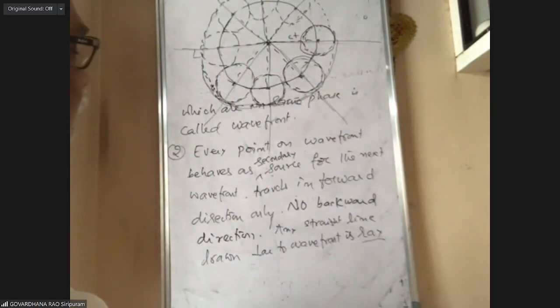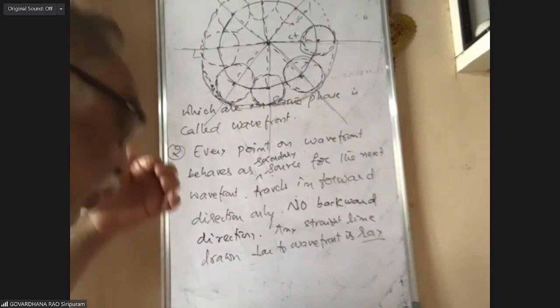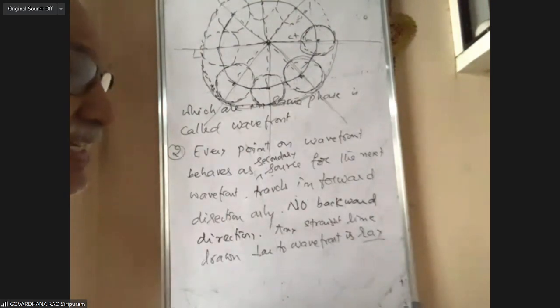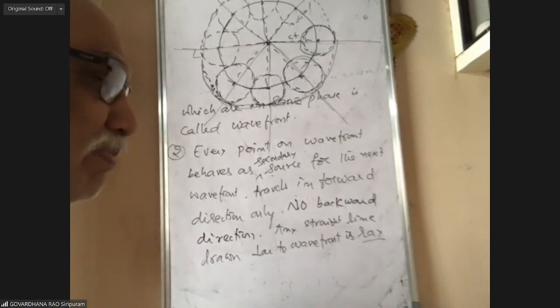Okay. Sir, what do you exactly mean by locus? Locus means path. It is a mathematical word. Locus means path.